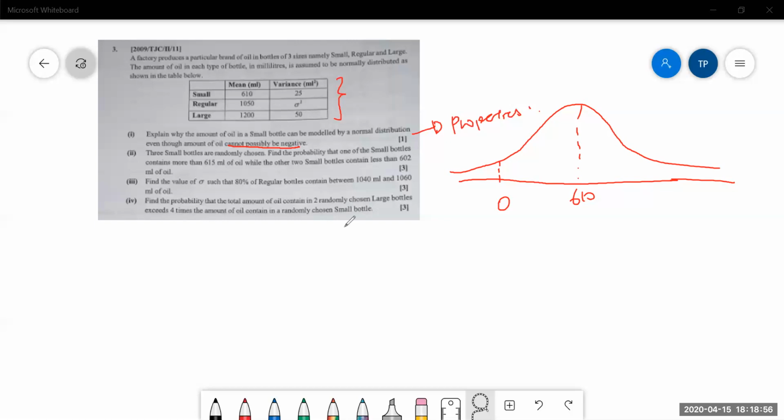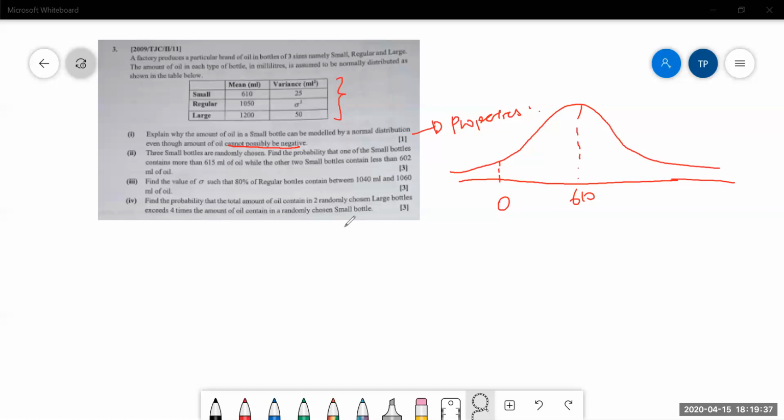Explain why the amount of oil in a small bottle can be modeled by a normal distribution. Because it has a variance and a mean. They said that the probability of S less than 0 is approximately 0, hence a normal distribution can be used to model it.